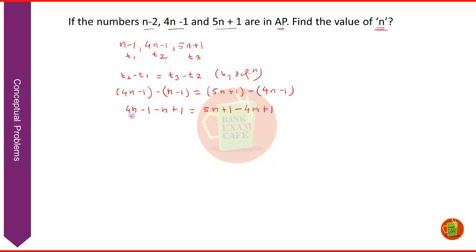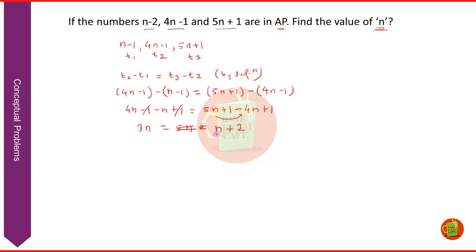Now here 4n minus n, that will be 3n. This one and this one will get cancelled, and which is equal to 5n minus 4n, that will be n, plus 1 plus 1, 2.